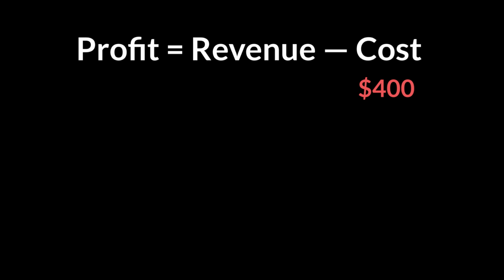Now, remember, and I'll just highlight it here again, that revenue is calculated by using the formula price times quantity. And we just assume that quantity is going to remain 1, right? So the question really becomes, what price would you want to sell it at to make sure that you're at least breaking even?